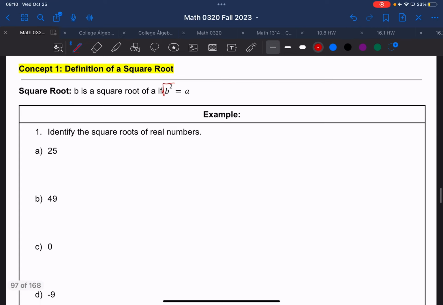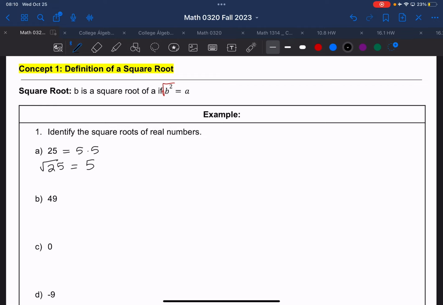And we know that the square root of a perfect square is going to be the same two numbers. So for example, 25 is the same as saying 5 times 5. So that means the square root of 25 is 5.